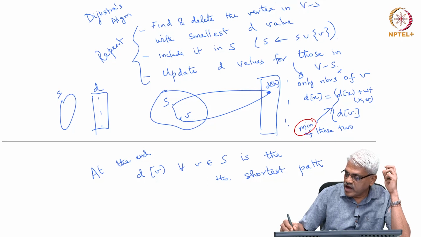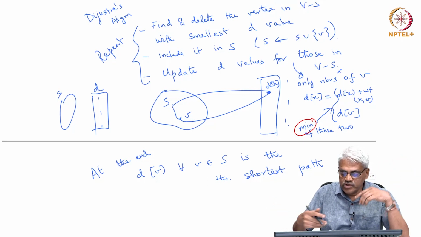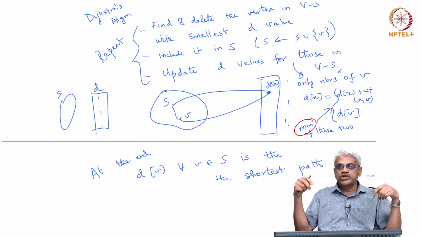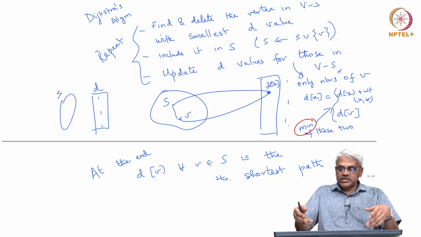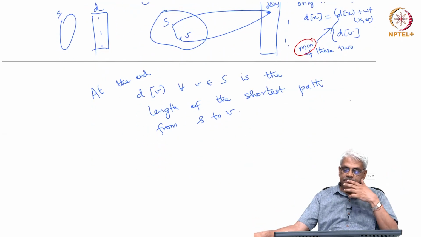Otherwise, whatever was the predecessor will remain the predecessor. So you need some more bookkeeping to actually compute the path, but this code actually computes the distances.